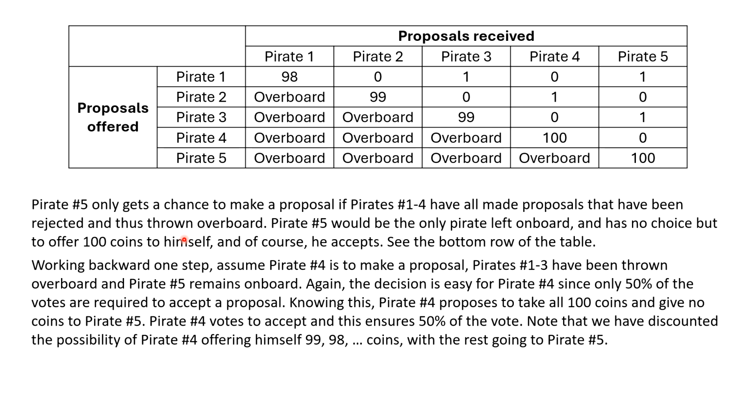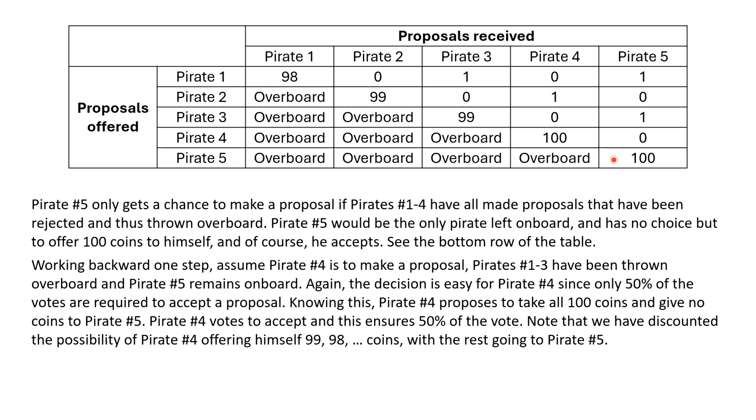So what we've excluded from the game tree is the case where he would give himself 99 or 98 or all the way down to 1 or even 0. None of those make sense financially, and that was the type of shortcut I was referring to. We wouldn't show that in the tree because it doesn't make any sense to.